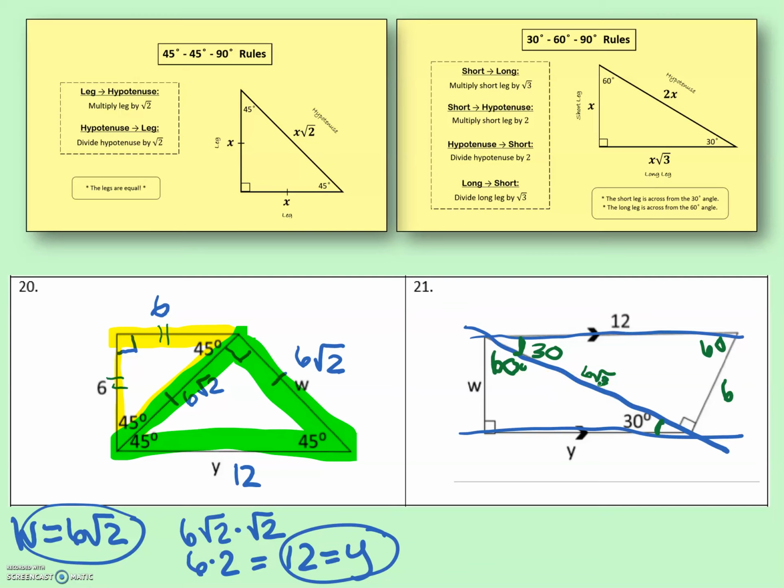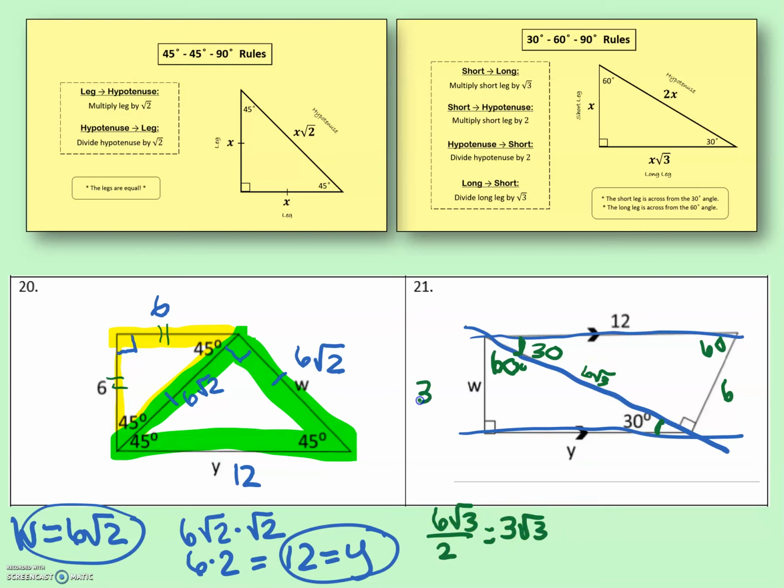Okay. Now focusing on this bottom triangle here, the 6 root 3 that we just labeled is the hypotenuse of this bottom triangle. So now we need to find the rest. To get from hypotenuse to short leg, we're going to divide that hypotenuse by 2. So we have 6 root 3 over 2. That becomes 3 root 3.